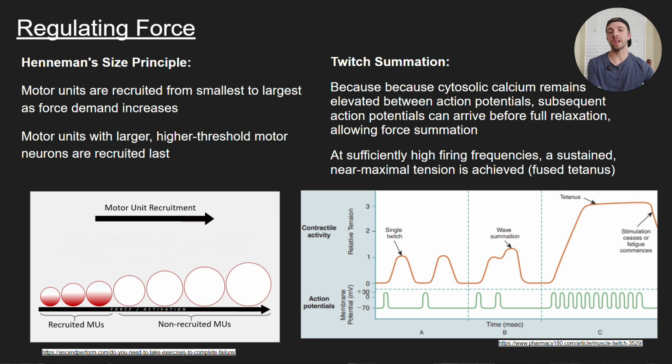The other way that we can regulate force at the motor unit level is with twitch summation. This is just the additive effect of a muscle twitch, or a short muscle contraction. If you think back to video 2, when we have the sarcoplasm flooded with calcium ions, these calcium ions don't just go away right away after a twitch.